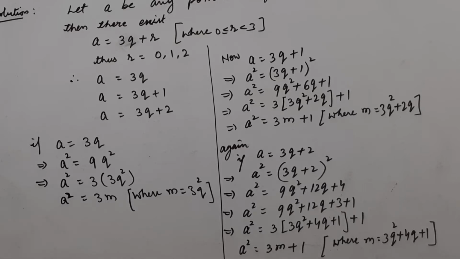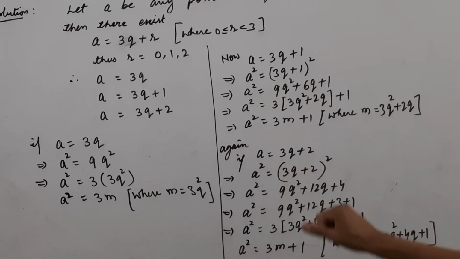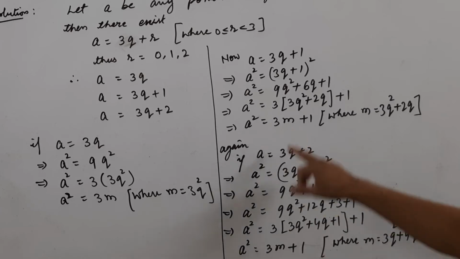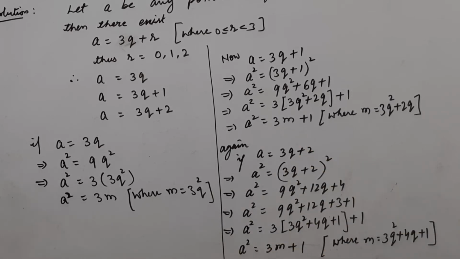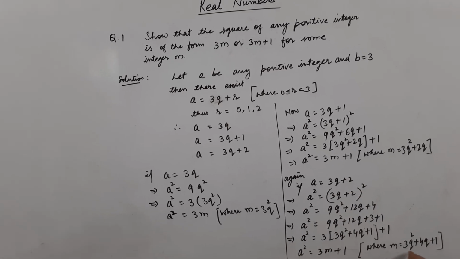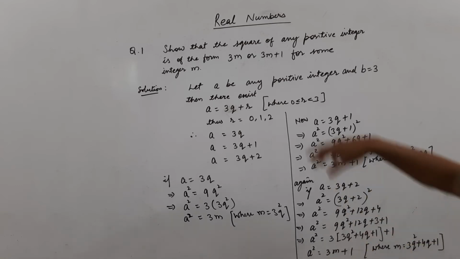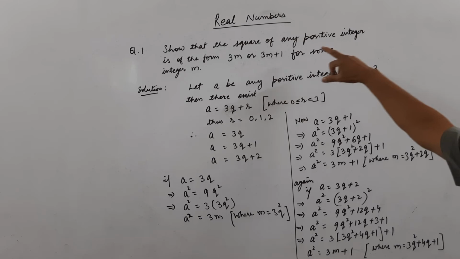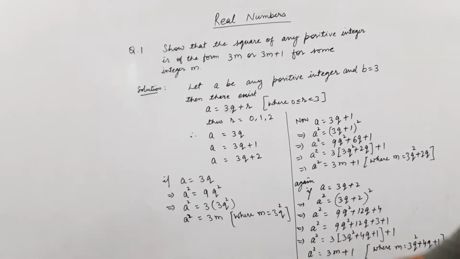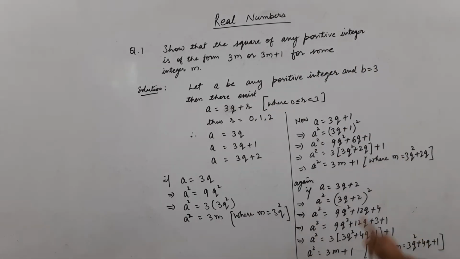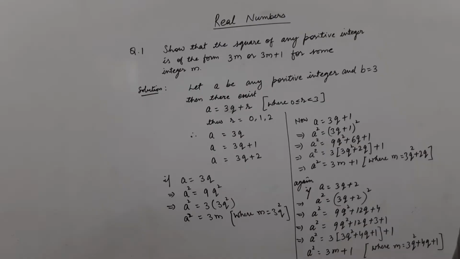So if we take a is equal to 3q plus 2, finally we get a square is equal to 3m plus 1, where m is equal to this bracketed term, and thus we can say the square of any positive integer may be of the form either 3m or 3m plus 1. Hence proved.